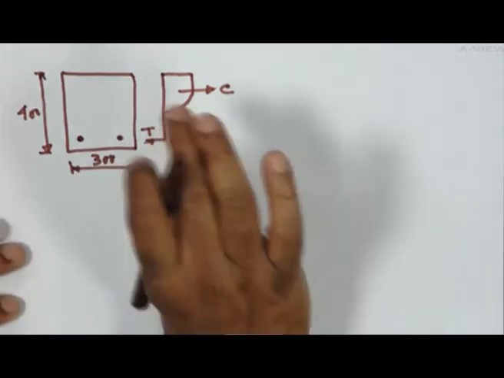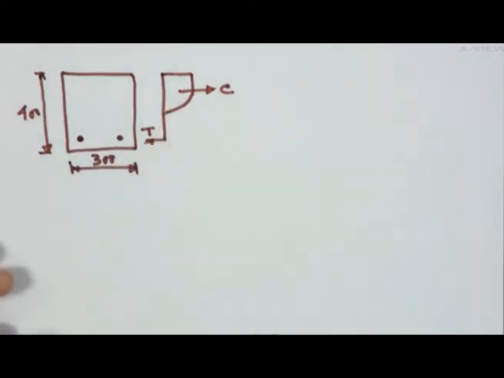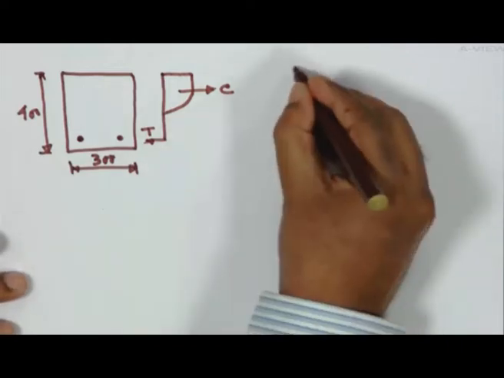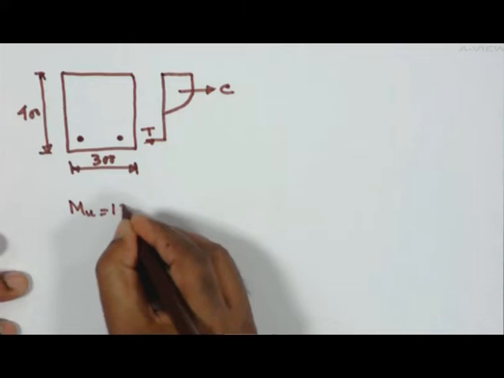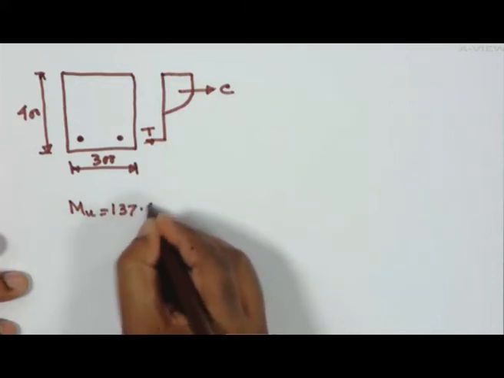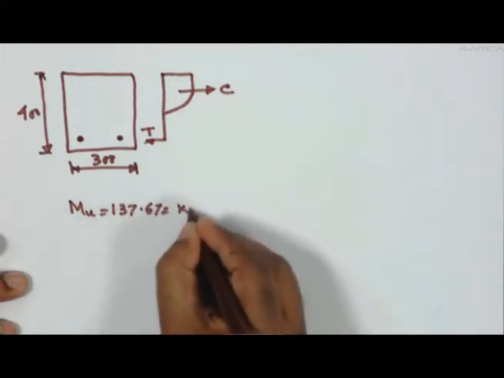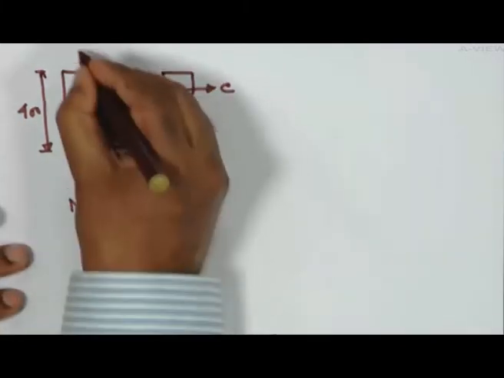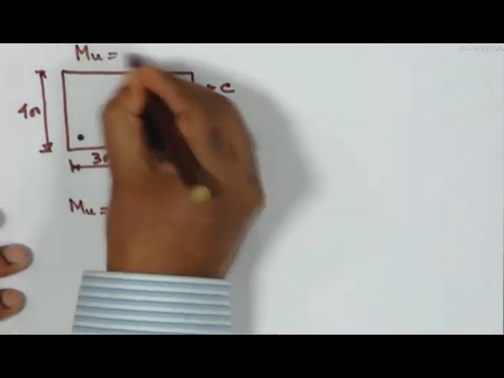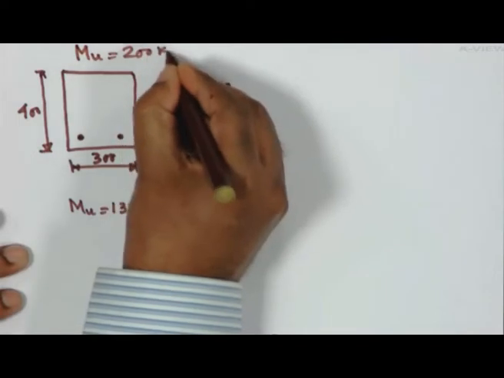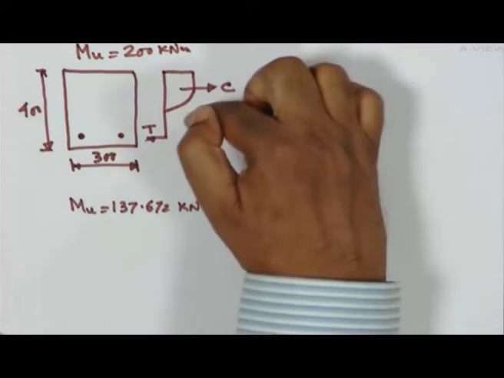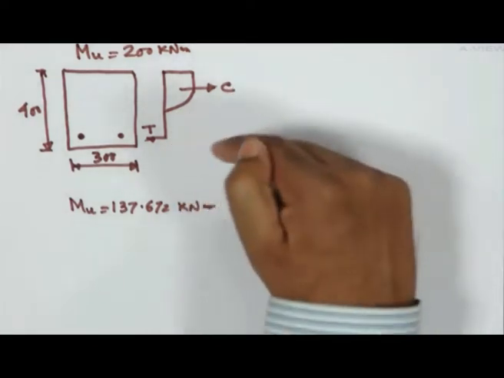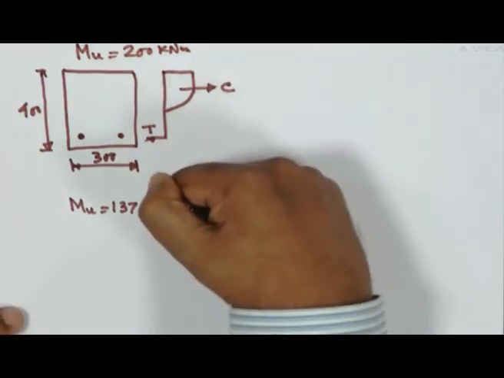See, so this one can balance that moment Mu 137.672 kilonewton meter. But I have to resist Mu 200 kilonewton meter. So this particular section, whatever we are having, is called a singly reinforced section, which can resist up to 137.672.